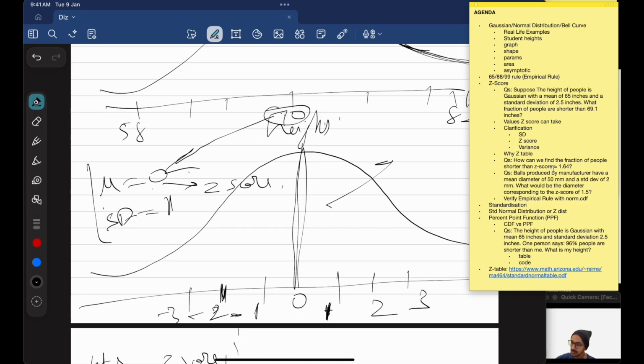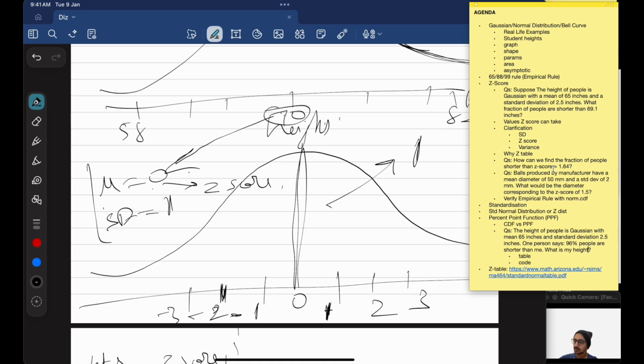And there is only one standard normal distribution. While there are infinite number of normal distributions, there's only one standard normal distribution, and all those normal distributions are converted into this one standard normal distribution using z-score. That's the purpose of that formula.